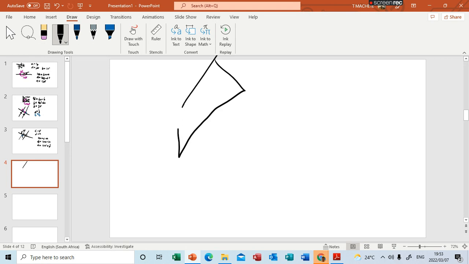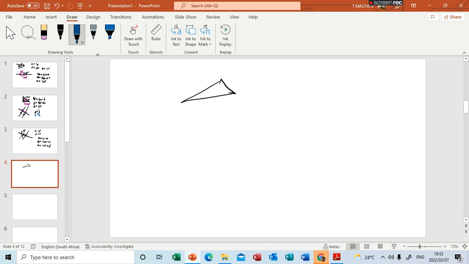Let me try to draw this thing nicely. Yes, there is your non-right angle triangle. It means that there's no 90 degrees there. There's a right angle triangle, there's the non-right angle triangle. The moment you see 90 degrees, it's a right angle triangle.